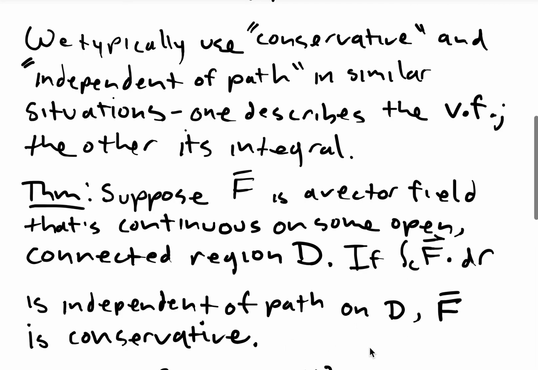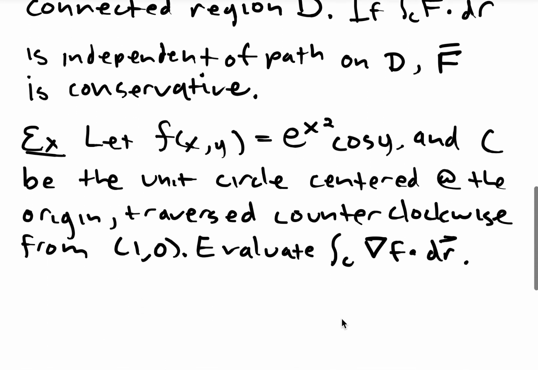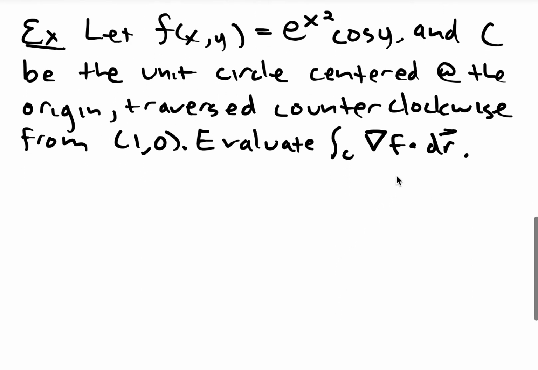So basically, for our purposes, think about these as referring to the same situation. It's just, are we talking about the integral? Are we talking about the vector field? Right? So I'll go ahead and give us an example where I have a conservative vector field that I'm integrating, because I am integrating a gradient.